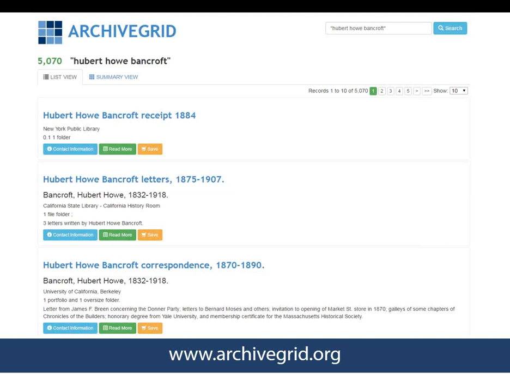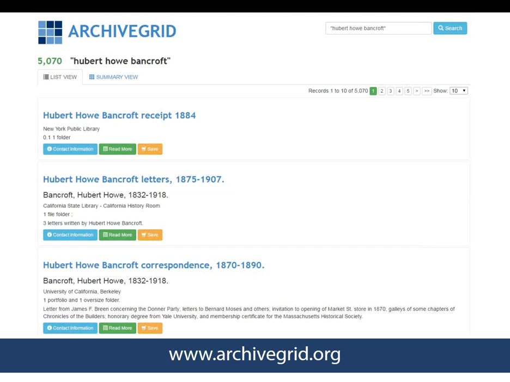So this is just an example of the first page where you would do a search. If you know the author's name, I would search for that specific author. If you know the publishing company's name, you could search specifically for that as well.